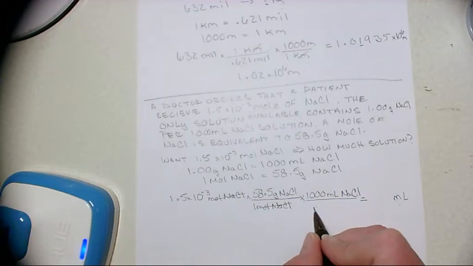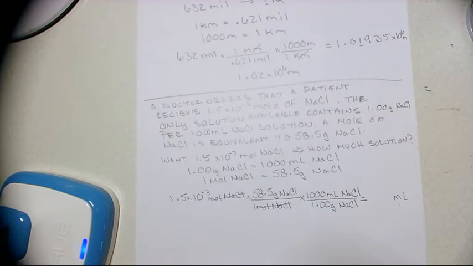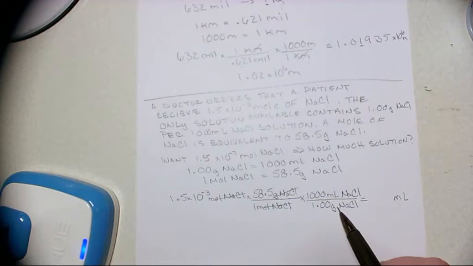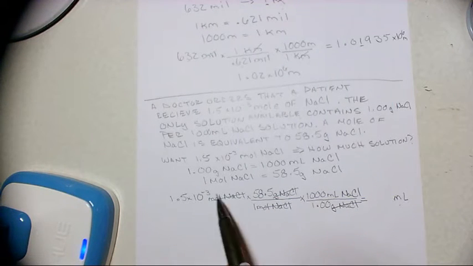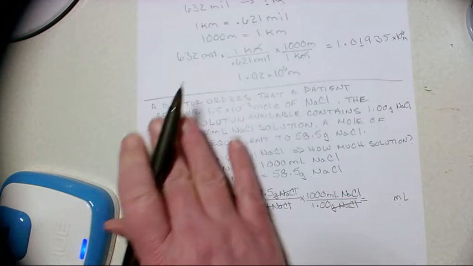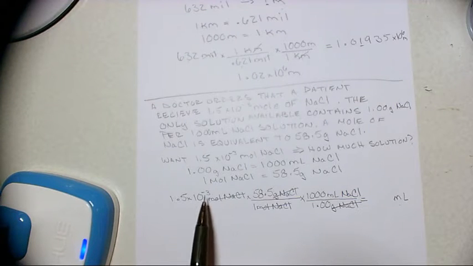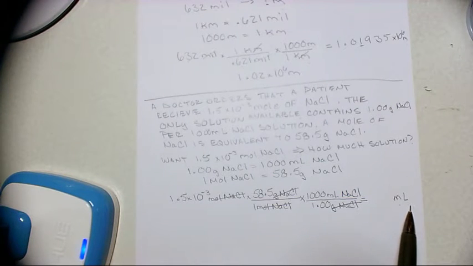And on the bottom is this 1.00 grams of NaCl. Okay, so let's see what we have unit-wise. Grams go away, moles have gone away, we're in milliliters. So, not knowing what a mole is, you've figured out how to set up a conversion between mole to milliliter given this set of circumstances.